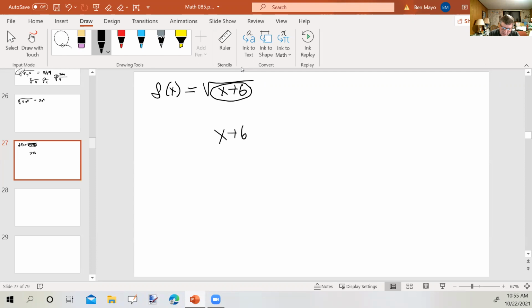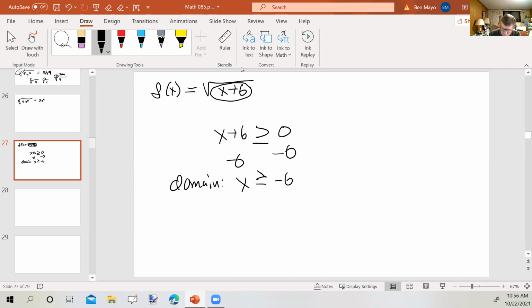So that means the radicand has to either be positive, which would be greater than 0, or 0, which means it would equal 0. So if we're taking an even root, if we take the inside quantity, that is the radicand, and we make it greater than or equal to 0, and then we solve this inequality, we get the domain.